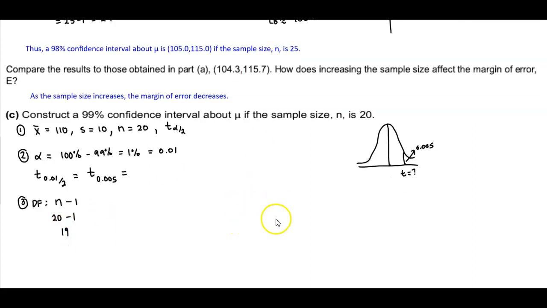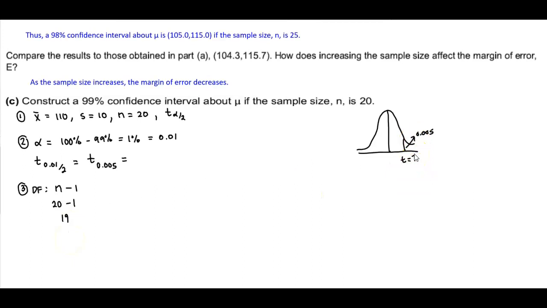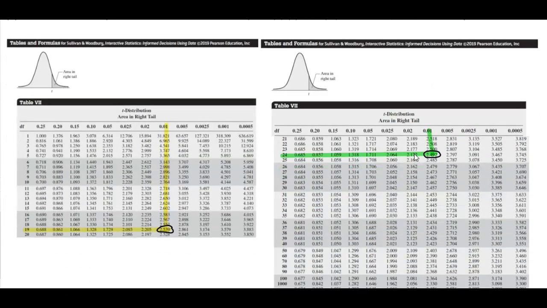So now let's go ahead and use our table. 19 degrees of freedom with an area of 0.005. So we go through 19 there, and then the area is 0.005.